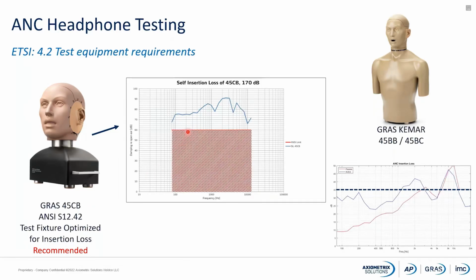And we can see that the self-insertion loss of the fixture is much higher than the minimum recommended of 35 dB. So it's even higher than 60 dB. So this is a great test fixture if we would like to test high-performing devices.